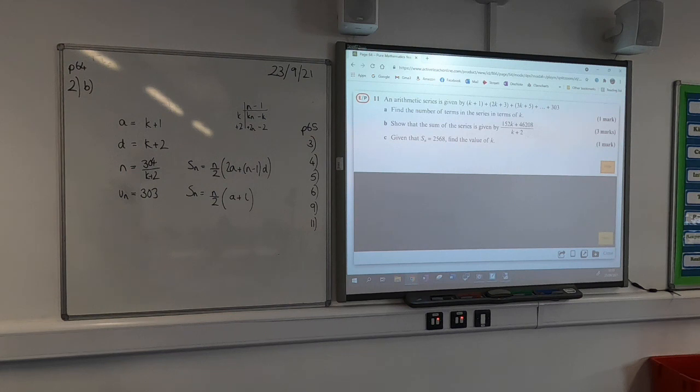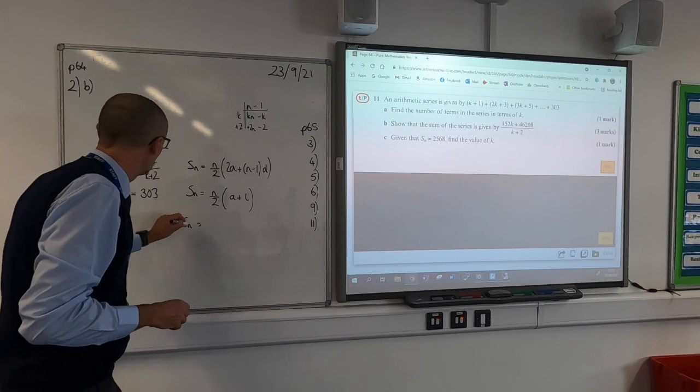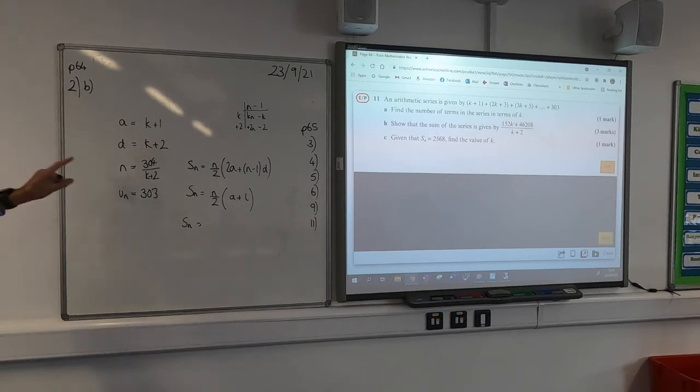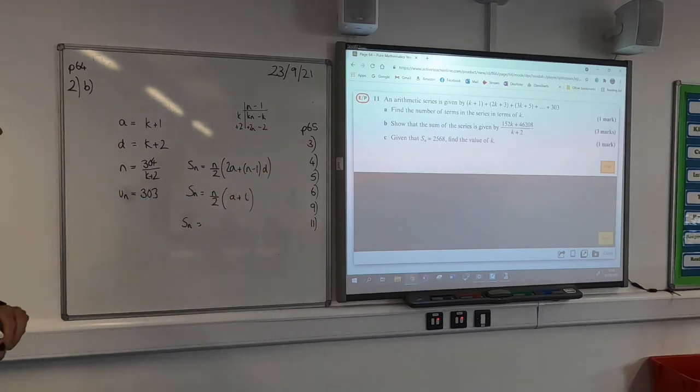That's going to be a little bit easier. So I've got n over 2, which is this divided by 2, and I've got a, which is k plus 1, and l, which is 303. So if you've already started using that, fine, you're going to be fine.